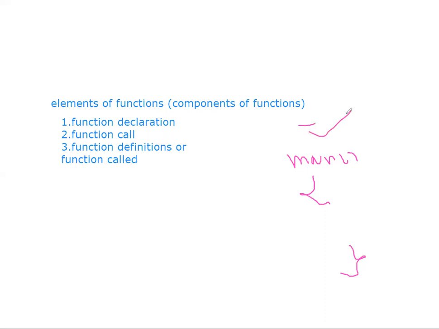The function prototype provides information to the compiler about the function, and it tells the compiler the function name, return type, and parameters.